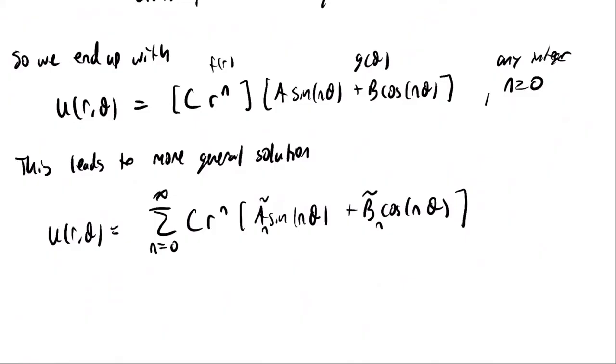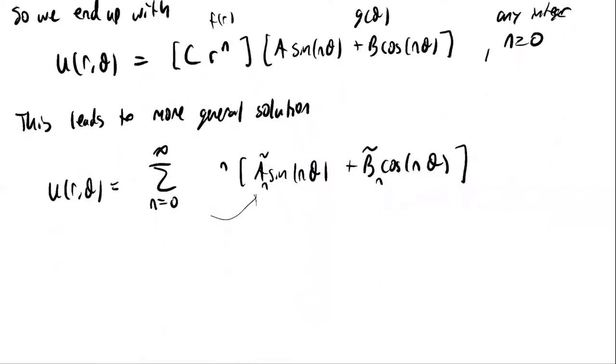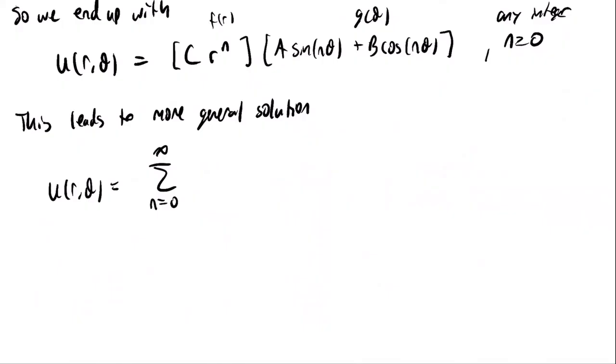And so, since an or bn are certain constants which may depend on n, and then I have another constant here, say cn, let me just absorb this constant, multiply through. I'm just redefining the constants.